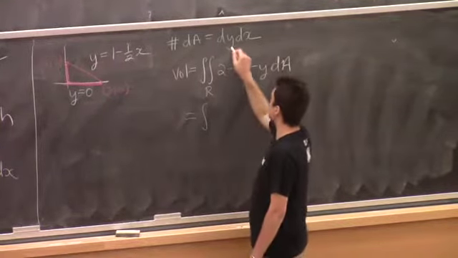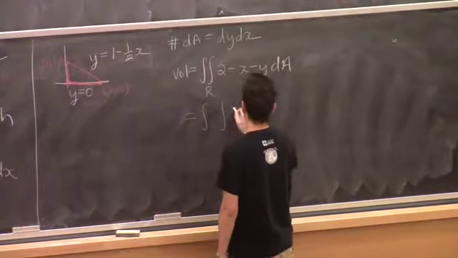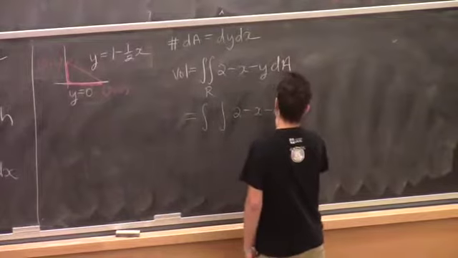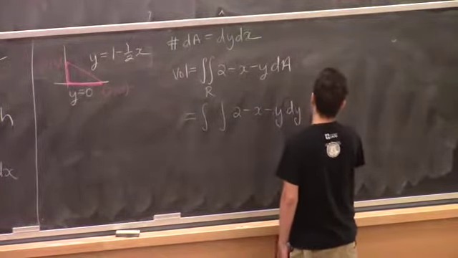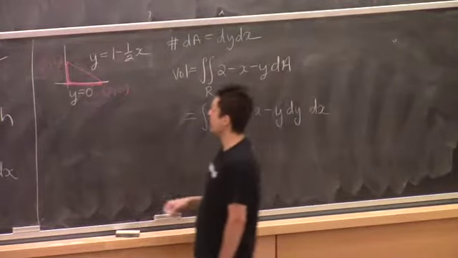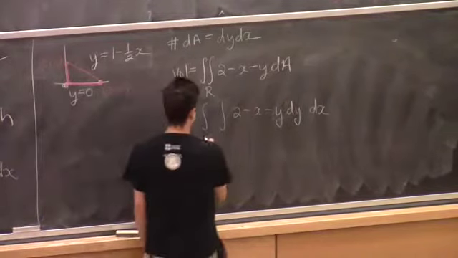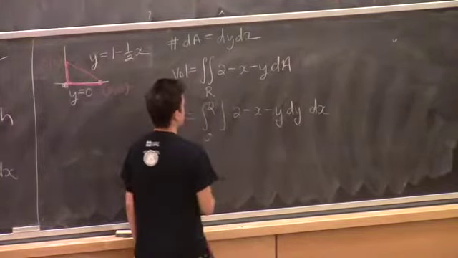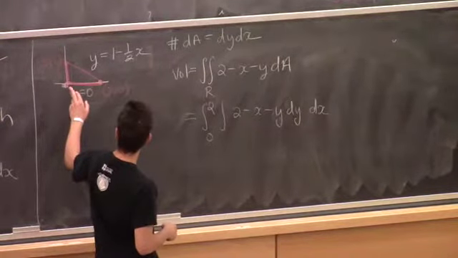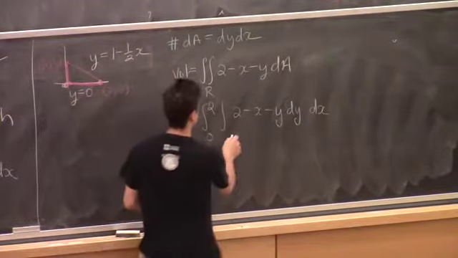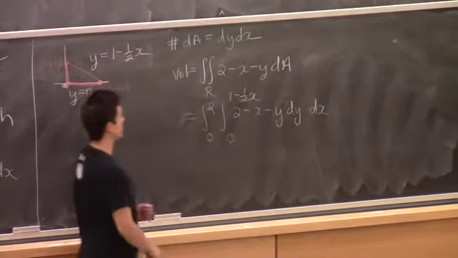Okay, so let's set up with dy dx. Okay, so x goes from 0 to 2, and y goes from 0 to a half, or 1 minus a half x.